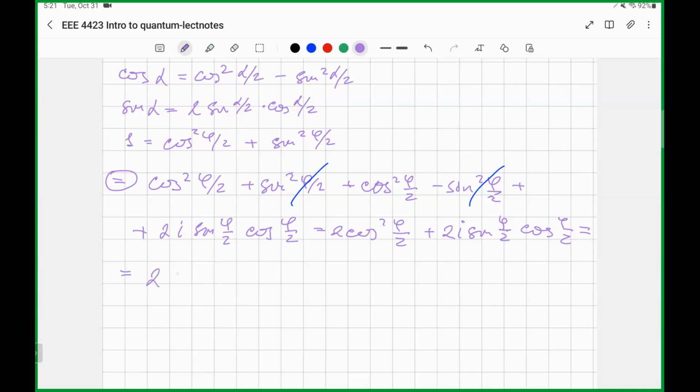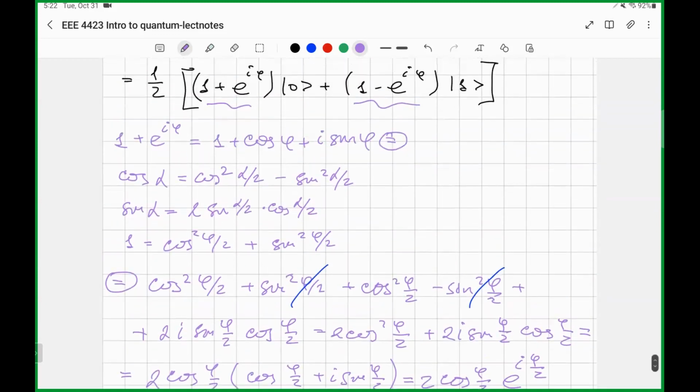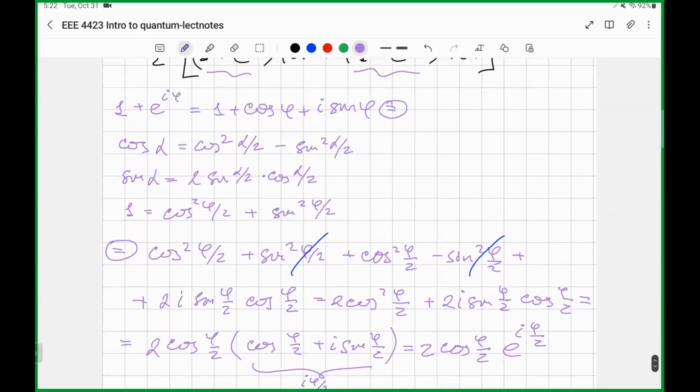So you get 2 cosine phi over 2, and in parentheses cosine phi over 2 plus i sine phi over 2, which is nothing but e to the power of i phi over 2. So I got 2 cosine phi over 2 e to the power of i phi over 2. This is for the first term, for this 1 plus e to the power of i phi. All right, this is the result.